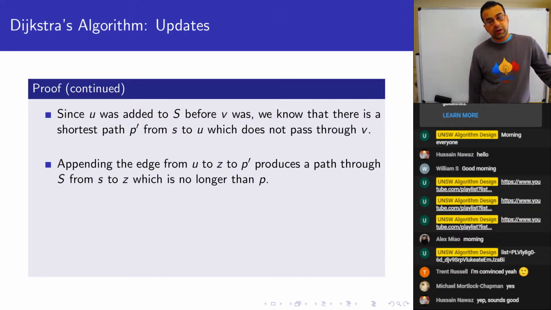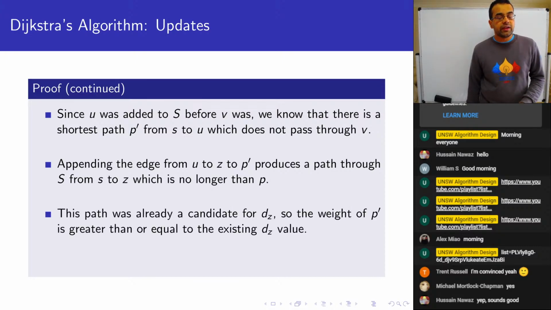Taking the shortest path to vertex u plus this extra edge, this path is no worse than the p that we just found, but it's a candidate for the shortest path to z. And indeed, it was a candidate for the shortest path to z before v was added, and so the weight of p dash, the top route, is no better than one of the candidates, which is the bottom route.